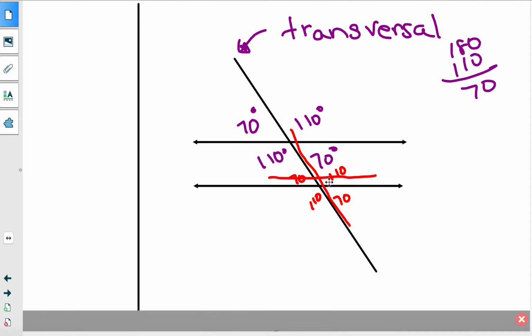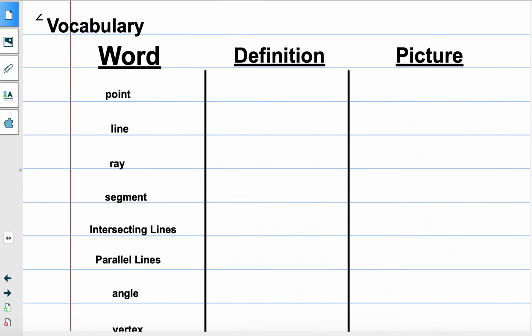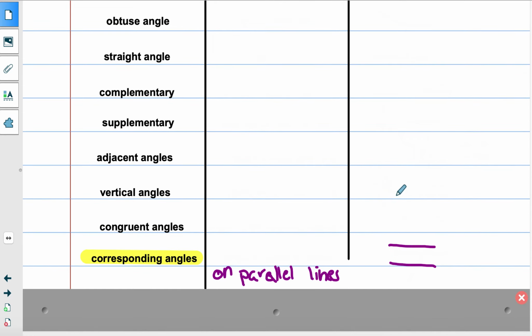So because they are corresponding, they're in the same spot. If you look at this top parallel line, you see this one right here, it's on the top of the bottom parallel line. So those would be corresponding to each other. So let's go back into our packet, our vocab.